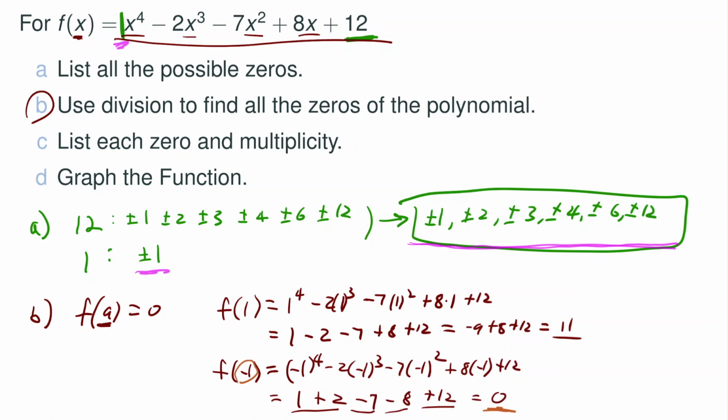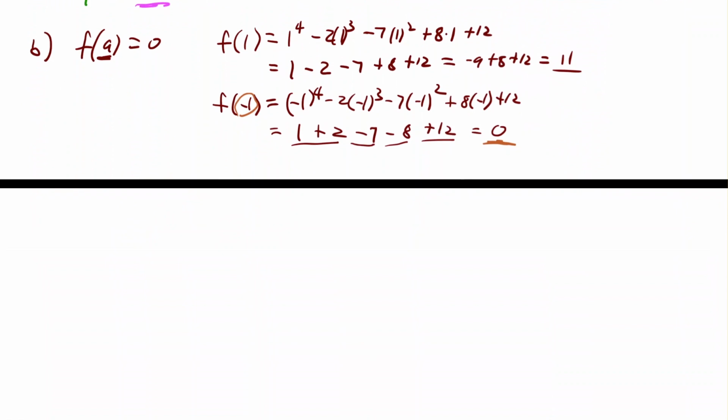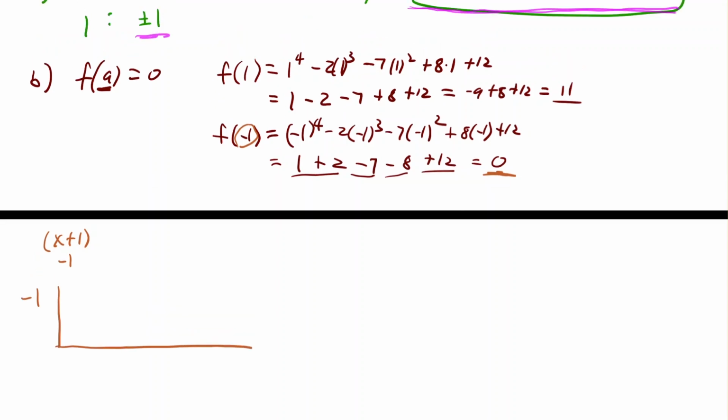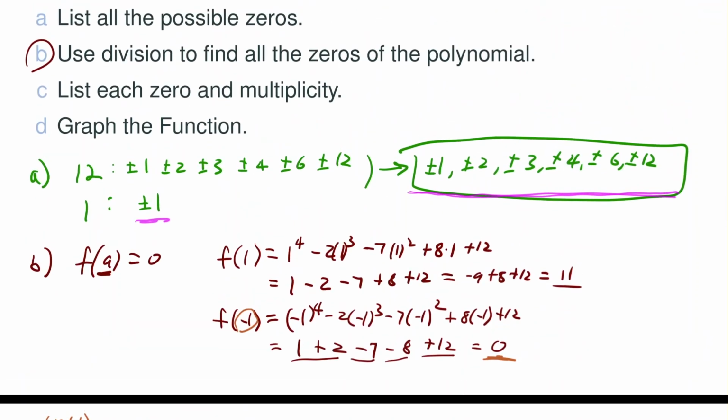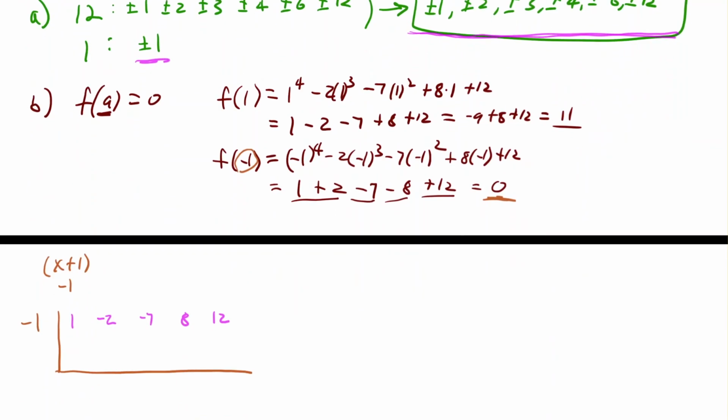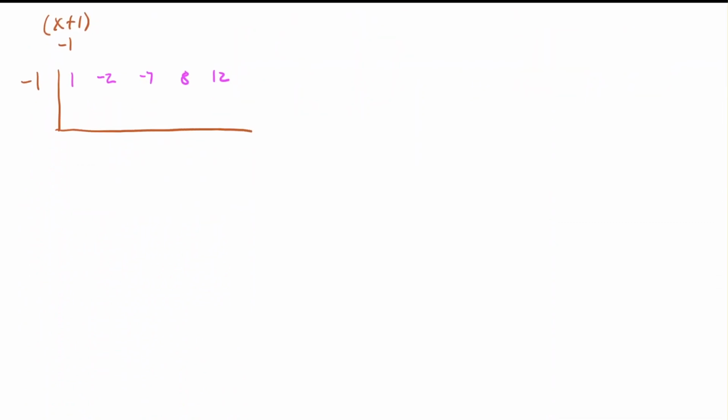Okay, so that means I can factor out x plus 1. Right, it's the opposite sign. And again, we're trying to factor by x plus 1 now, because that means this x-intercept is negative 1, right? So I'm going to synthetic divide by negative 1. Let me write down those coefficients: 1, negative 2, negative 7, 8, and 12.